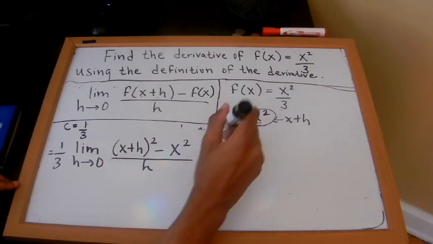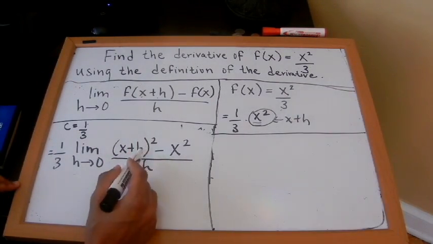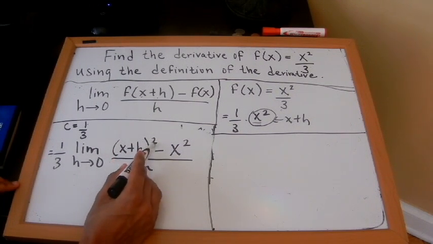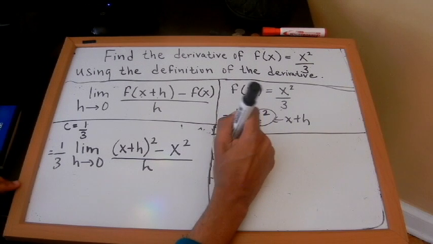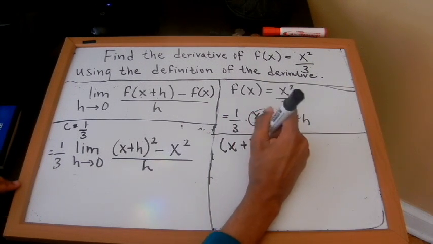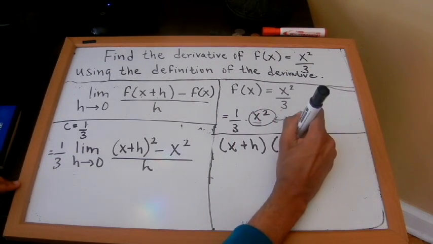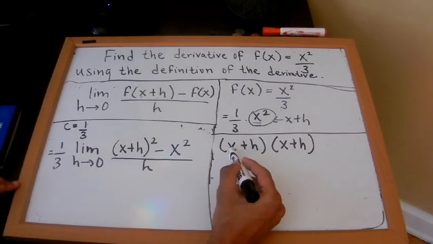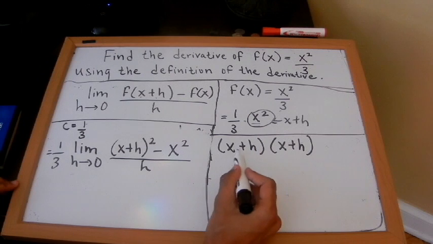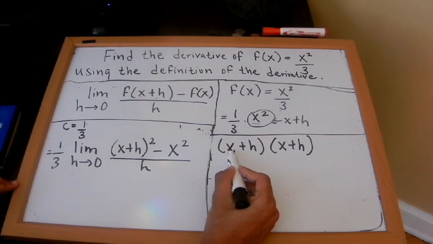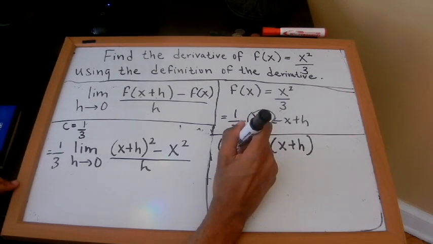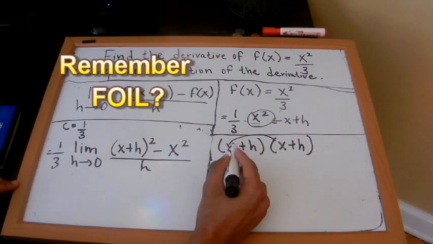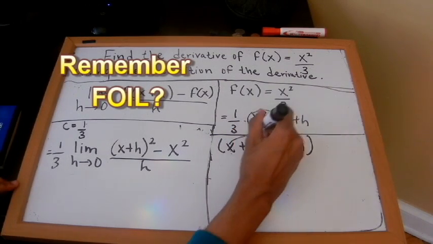Alright, so the next step is to expand our first term, which is our x plus h squared term. In order to do that, we just have to multiply it by itself twice, because that's what it means to square something. So we're going to have x plus h times x plus h. Now in order to expand this, we're going to multiply each term here by each term here. I'm going to take our x, multiply by x, and then multiply the x by h.